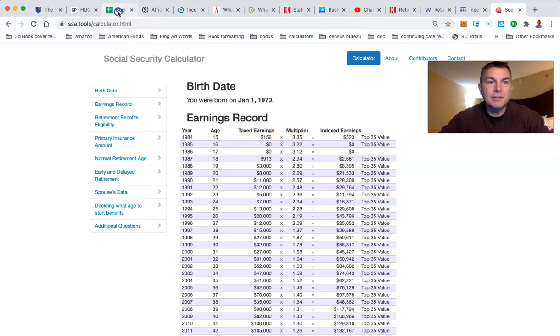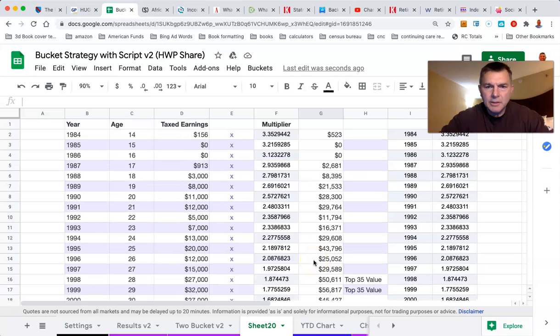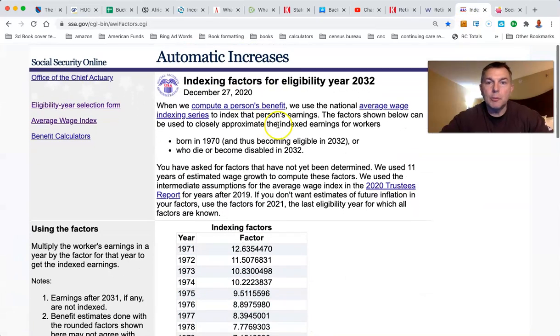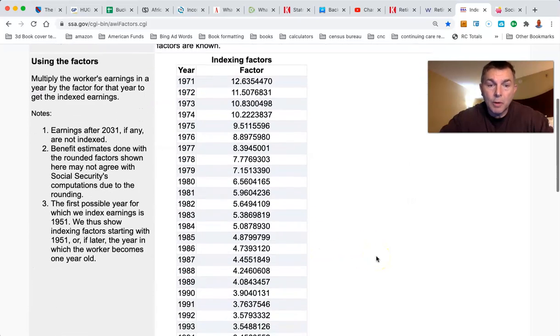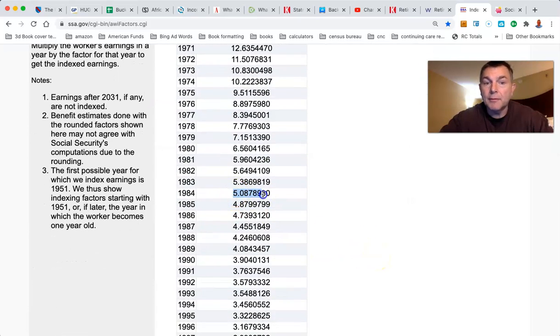What I've done here is put in the actual multiplier for my real year of eligibility. I was born in 1970, so my first year of eligibility is 2032. The multiplier jumps from 3.35 to 5.008 in 1984, and so on.